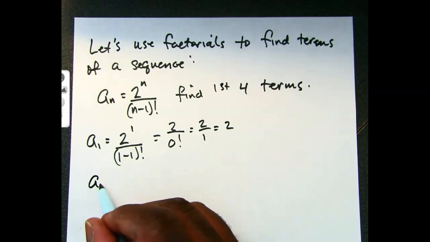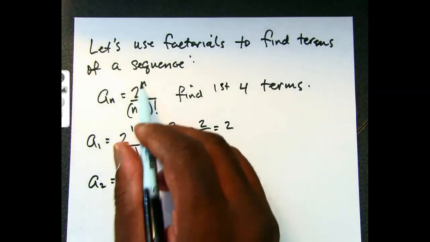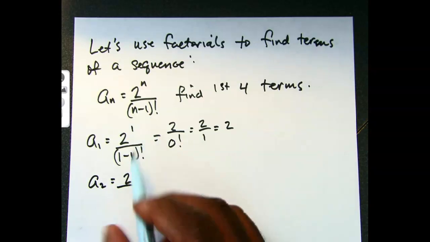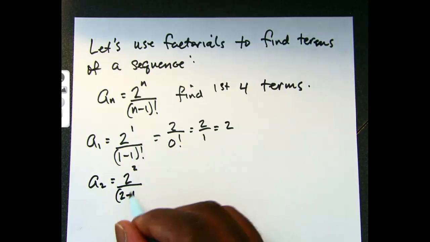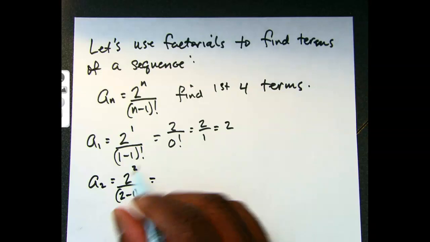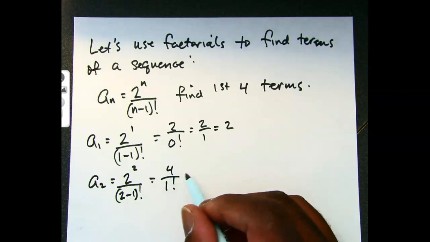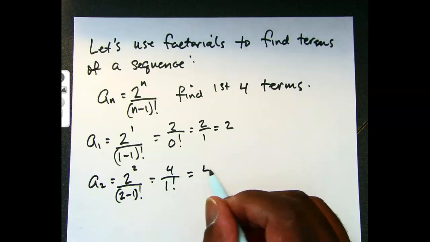A sub 2 would be 2 to the second power over 2 minus 1 factorial. 2 to the second power is 4. 2 minus 1 is 1 factorial. 4 divided by 1 factorial is just 4.